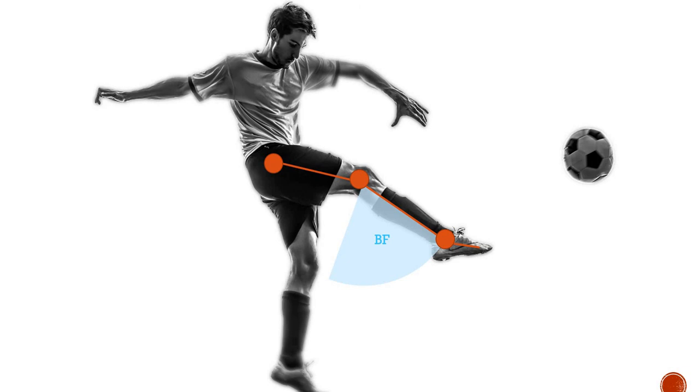And this force that's being produced is an eccentric force. It's a braking force. It's trying to prevent the knee from overextending. And indeed the hip to a certain degree. It's trying to prevent injury, it's trying to decelerate the limb. You've kicked the ball, this guy's produced enough force on the ball to get it moving. Now the hamstring's just trying to prevent any hyperextension of the knee or hip.